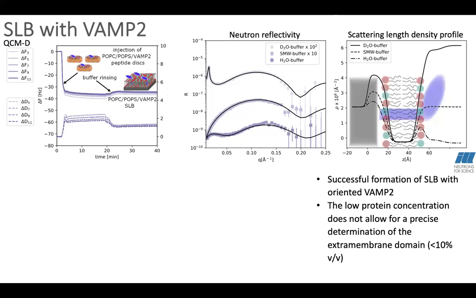And this is because if we consider the opposite orientation compared to what is shown here, so if, for example, the extramembrane domain was oriented in the opposite way, towards the support surface, and even if we squeeze it really tight to the bilayer surface, partially penetrating the head group, we should still have a low density protein layer here in between the substrate and the bilayer of at least some 10 angstroms of thickness, which would in the end produce quite a different data trend compared to what we obtained.